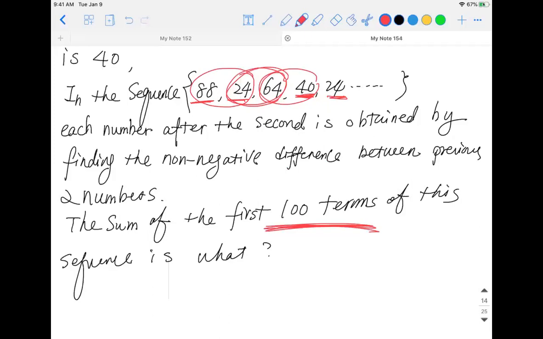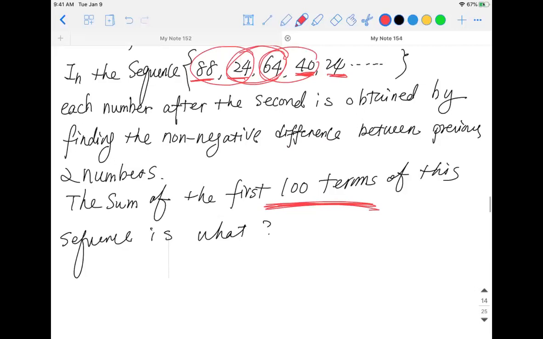You see, this also falls into our two categories. One is determine what is a certain term. Second, you need to give me some sum: first 100, first 1,000, and so on. Think about it. How are we going to do this problem?